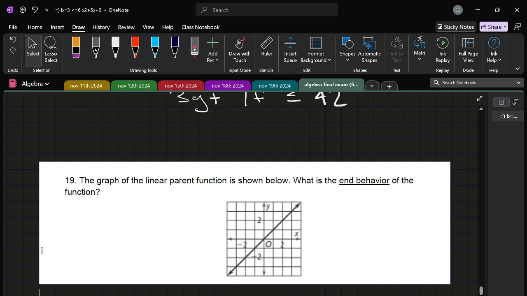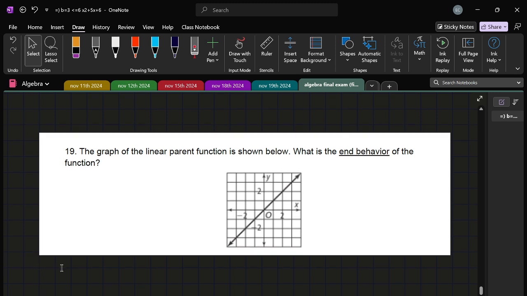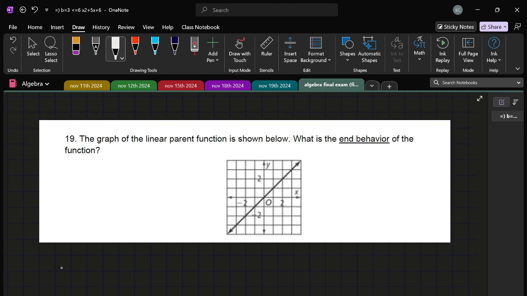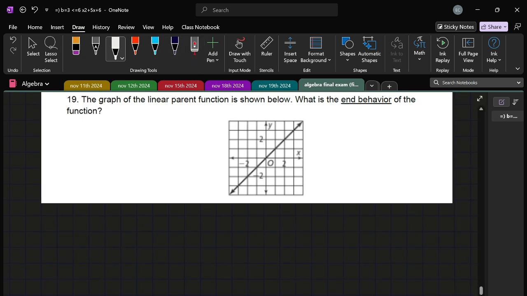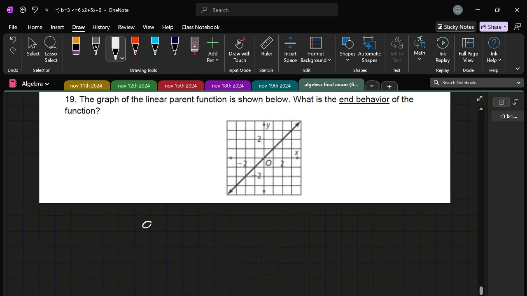Linear parent function is shown below. What is the end behavior of a function? End behavior just means that as x approaches infinity, you want to see where the function will go.